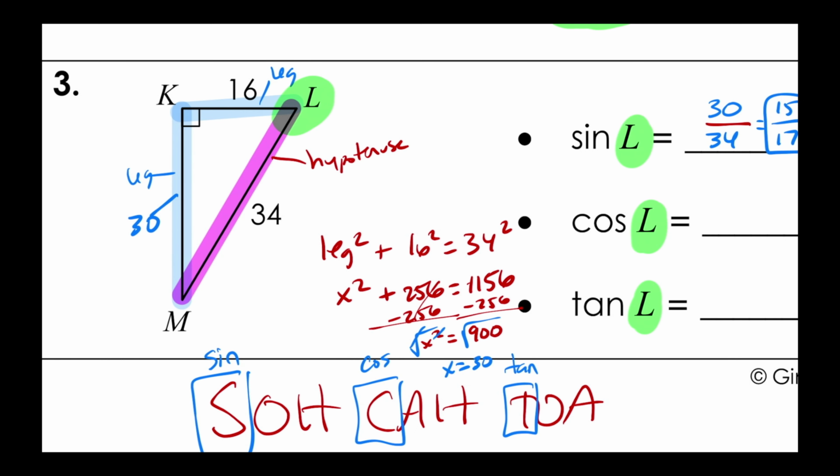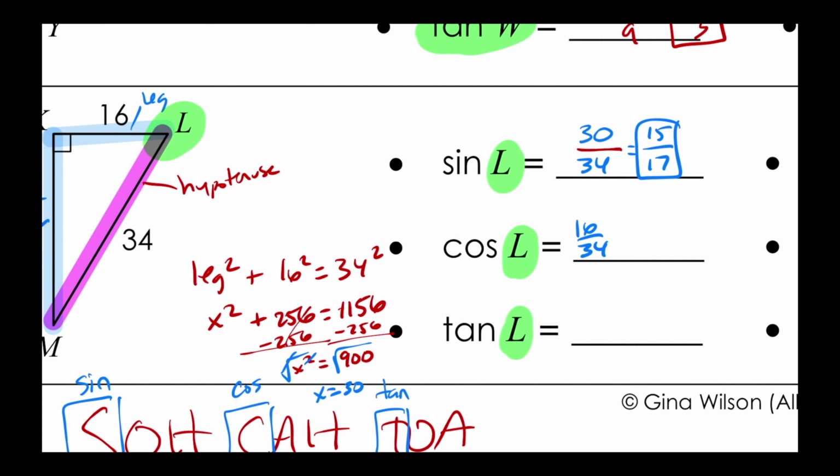All right, so the cosine of L: cosine is adjacent over hypotenuse, the adjacent leg over the hypotenuse. At angle L, the adjacent leg is 16, and the hypotenuse is still 34. So this is 16 over 34, and if we simplify this by 2, we get 8 over 17.